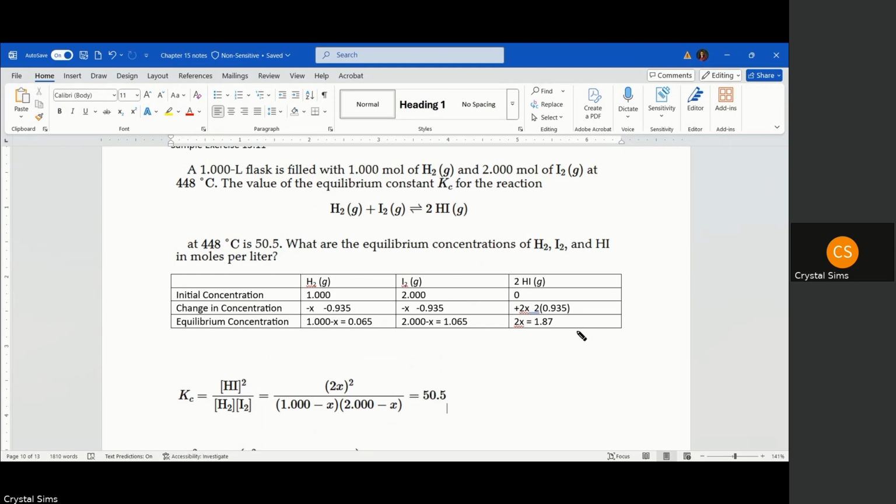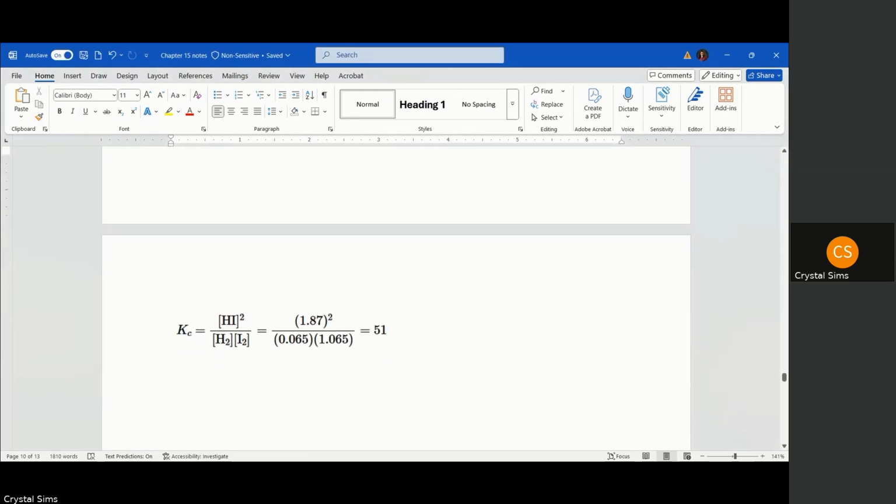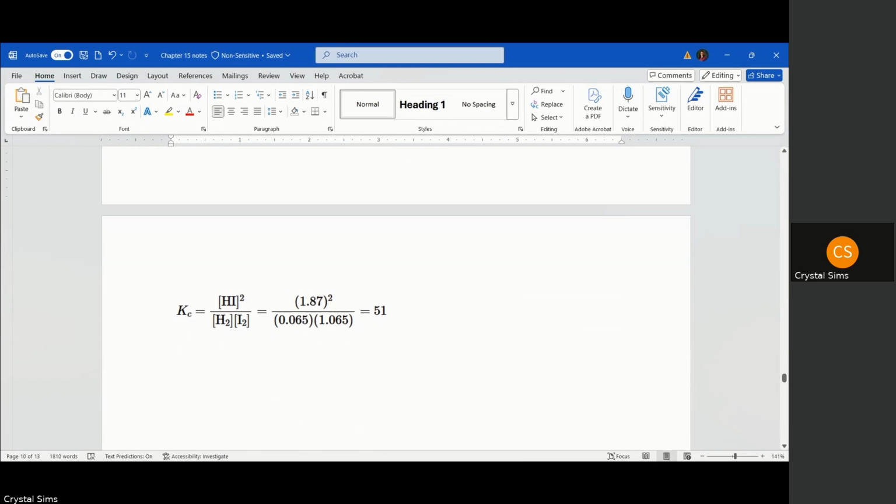Now, if you want to check your answer, just plug what you solved for back in and see, do I get 50.5? And indeed, we get 51 when we plug in our values into the equilibrium constant expression.